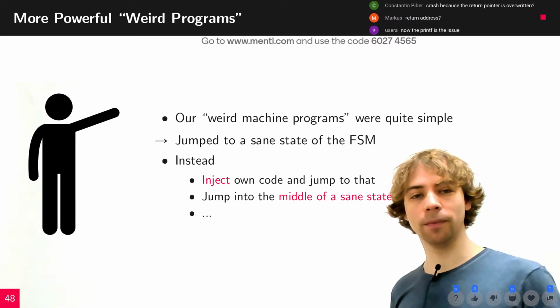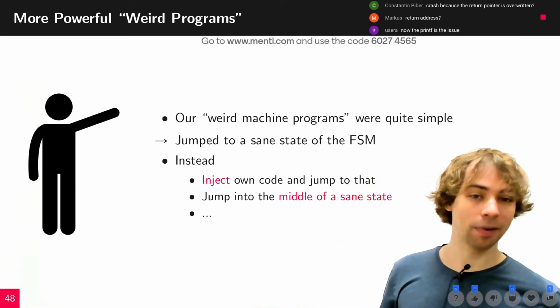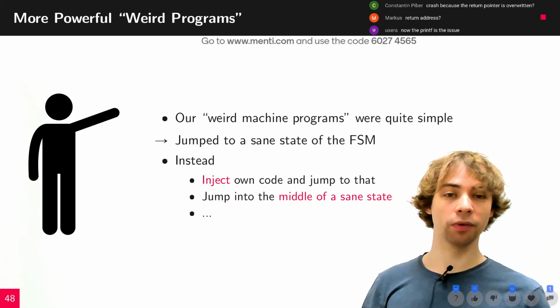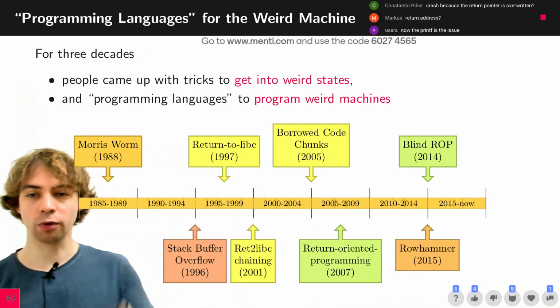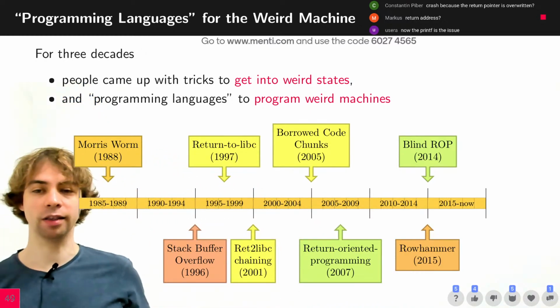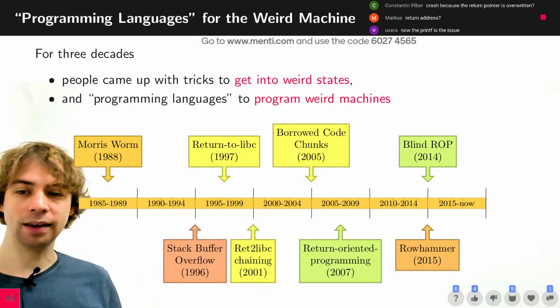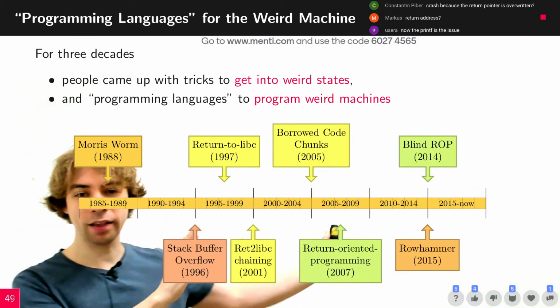And this programming language for weird states or memory safety exploitation has developed for almost, I think soon we are getting close to 4 decades actually. Currently it's still closer to 3 decades. The Morris worm in 1988 was maybe the start, and there are different eras here.